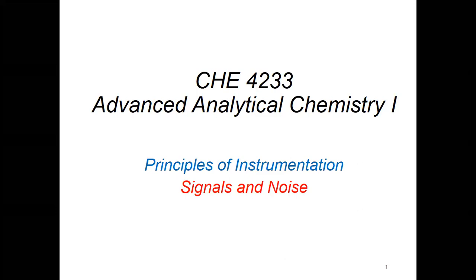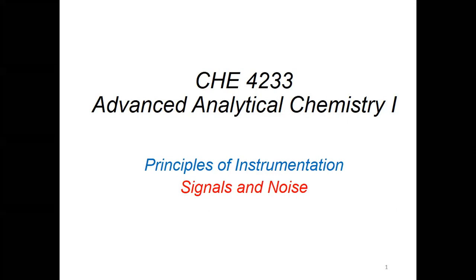Let's discuss signals and noise today. This is another most important part that we should learn when we are dealing with instrumental data. Whatever instrument we are using, and whatever data we acquire from that instrument, there are always two components.